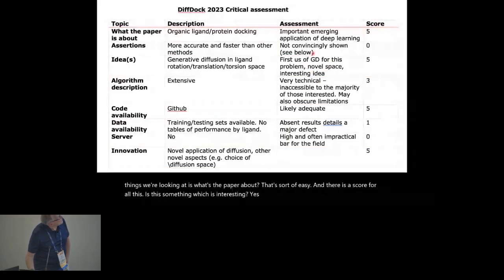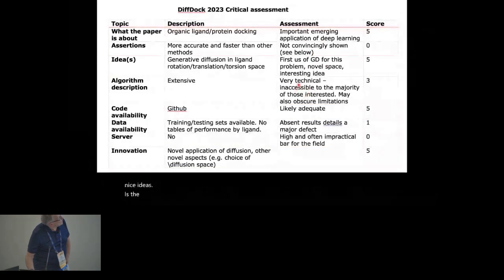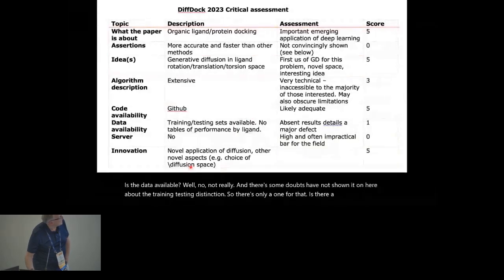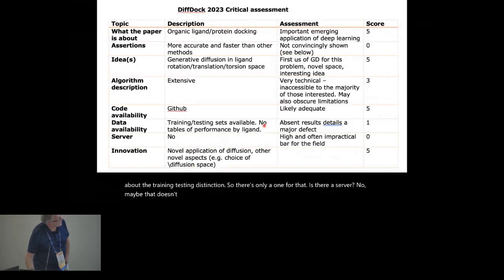Yes, there are nice ideas. Is the algorithm well described? Yes, but some of the stuff may be inaccessible, but it is on GitHub, so that's good. Is the data available? Well, no, not really. And there's some doubts, I've not shown it on here, about the training testing distinction. So there's only a 1 for that. Is there a server? No, maybe that doesn't matter. Is it innovative? Yes, it's very innovative.